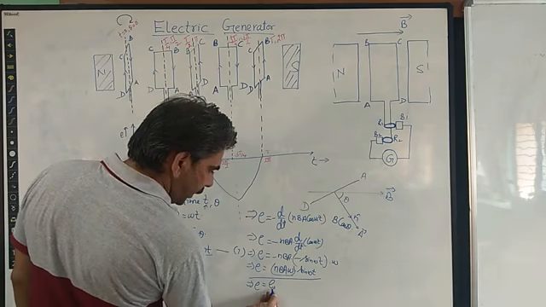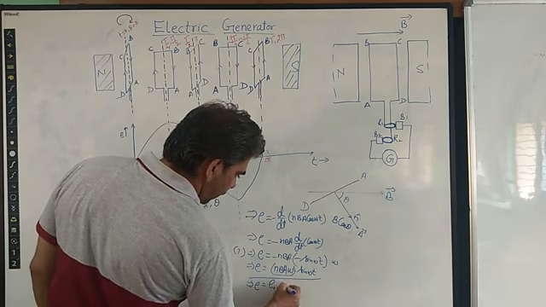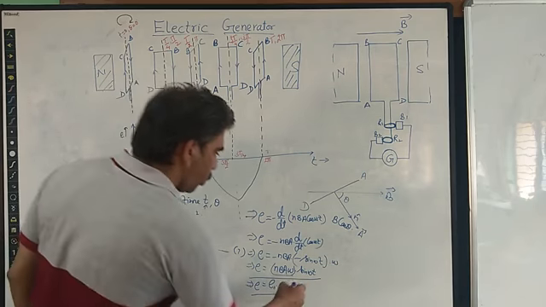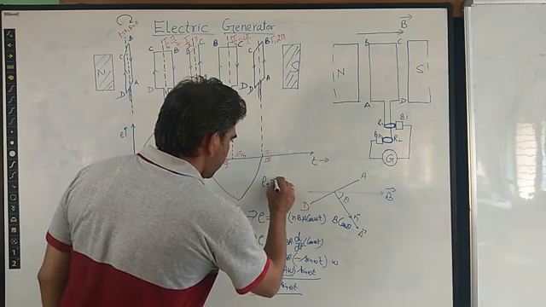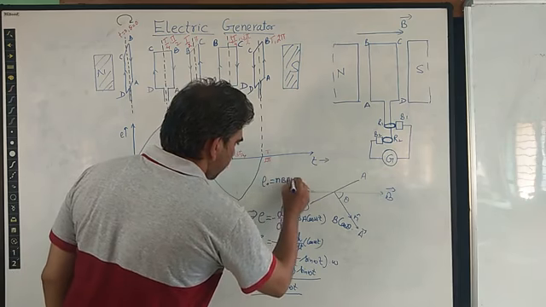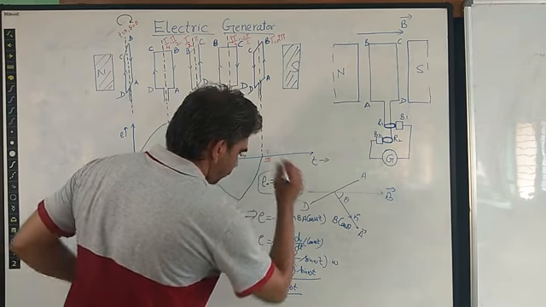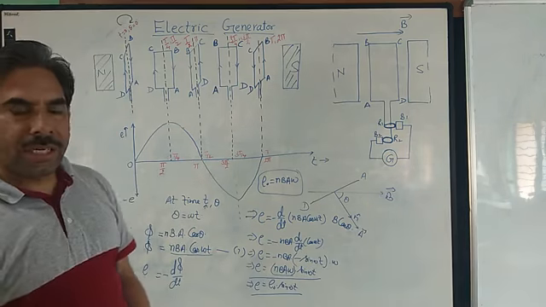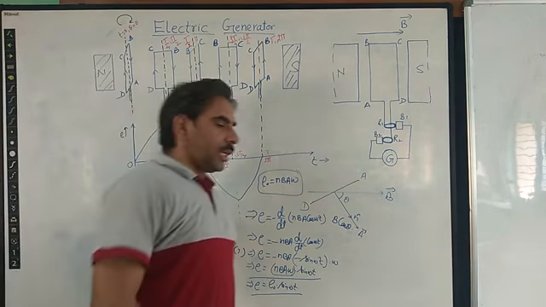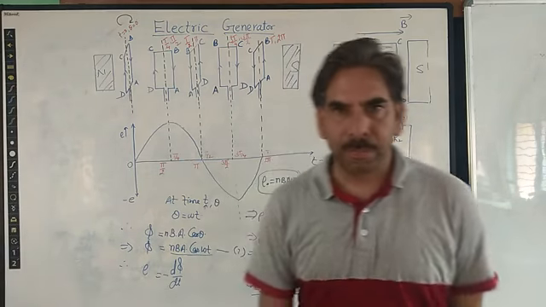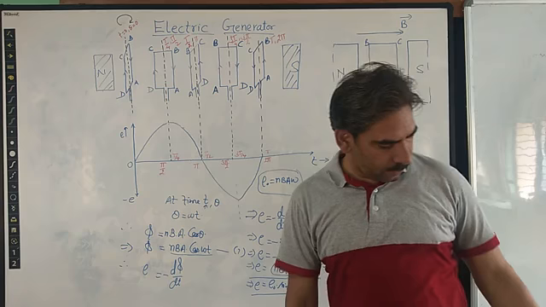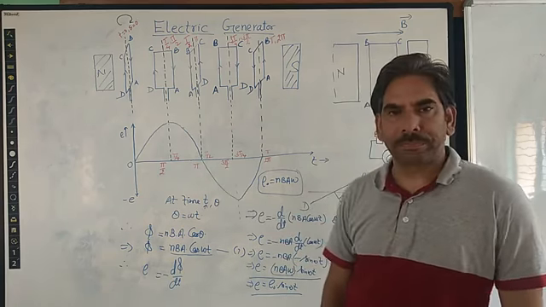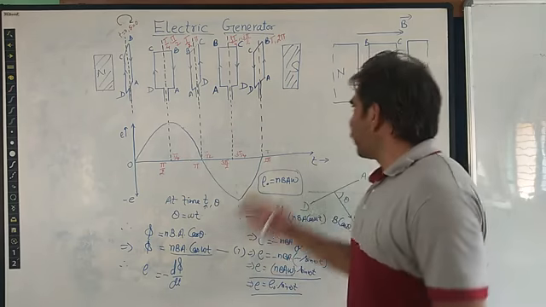So we write it as E naught into sin omega t, where E naught is N, B, A and omega. So this is how we understand the working of an electric generator and its output, in terms of the nature of the output and its value. So this is about the AC generator.